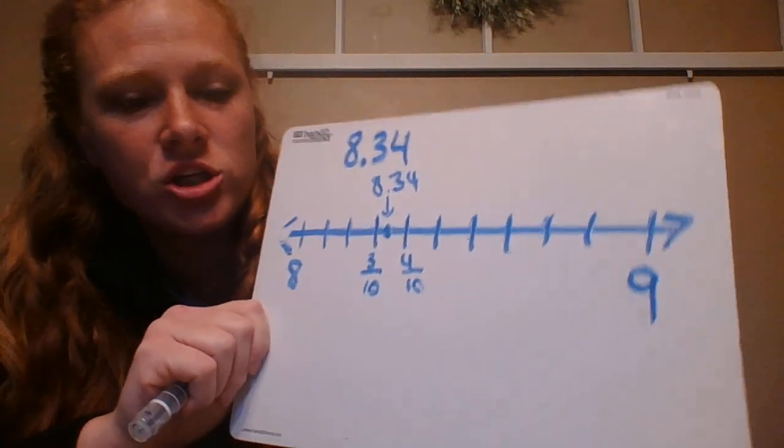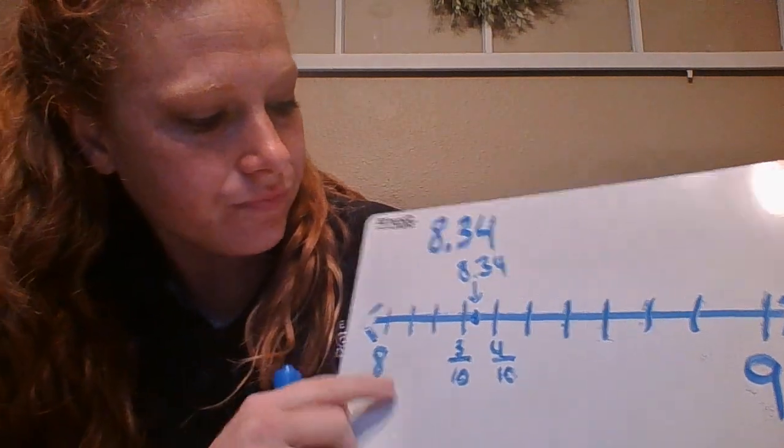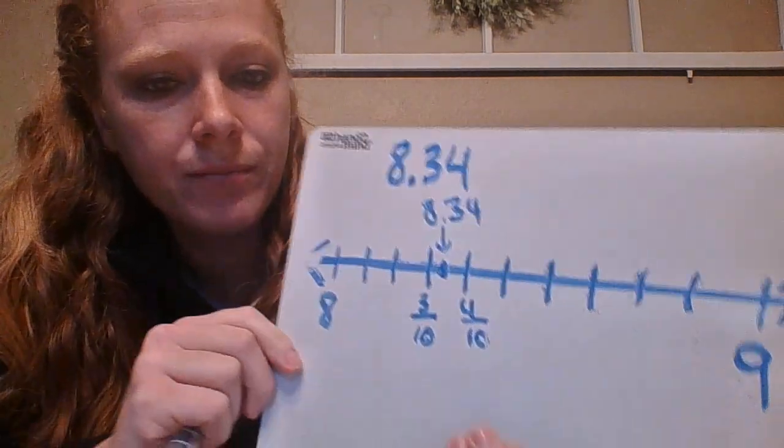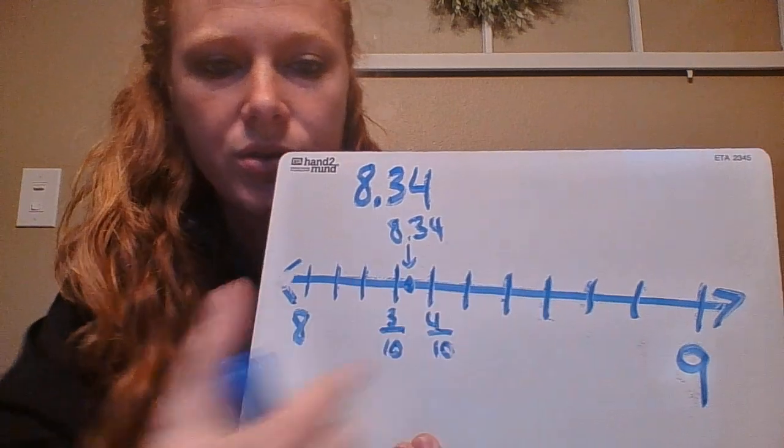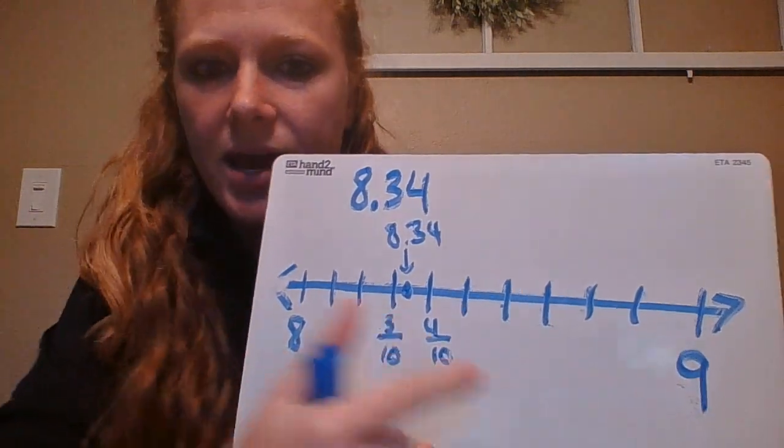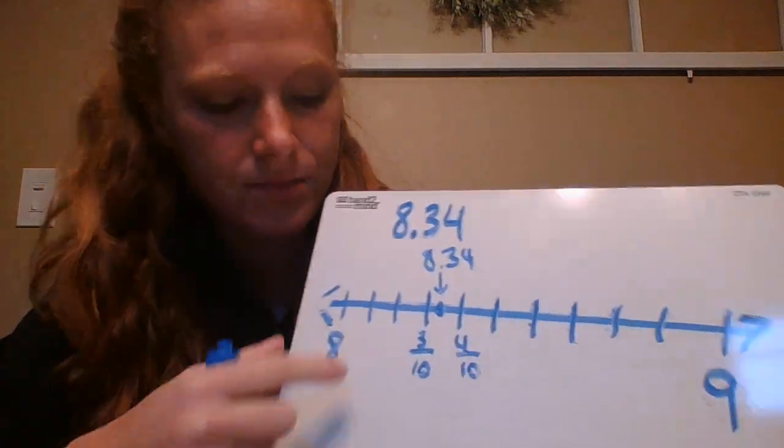Next, I want to go over the extra problem that I gave yesterday. I gave you a mixed number with a decimal, and I asked you to place it on the number line. Now I'm going to show you how it should have been put. If you remember, I showed you how to draw the line, and I told you to put 8 and 9 and divide it by tenths.